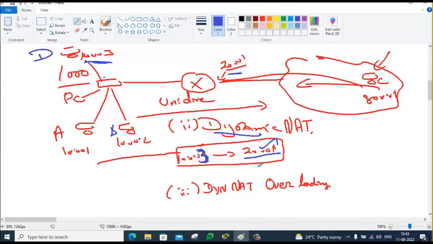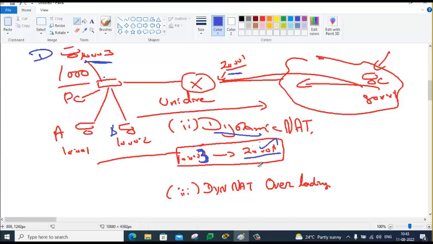Because D is already using 20.0.0.1 and the conversation is still on, A and B have to wait because they don't have any address to get translated. So there will be a delay in conversation. If only one address is given, until that user finishes the conversation, while D communicates, A and B cannot communicate.